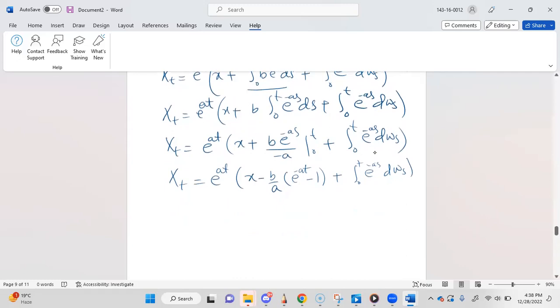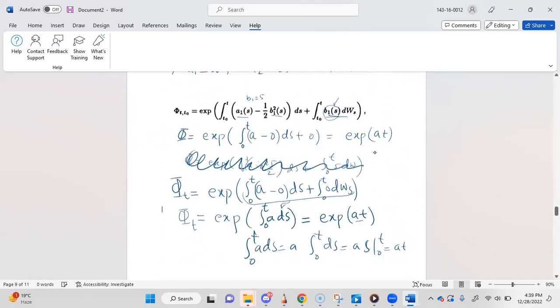Or maybe you can write x of t equal to e to the at x plus, multiplying this, b over a times 1 minus e to the minus at, plus the integral from 0 to t of e to the minus as dws.